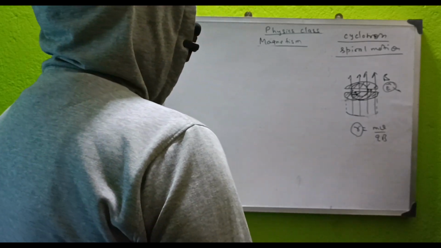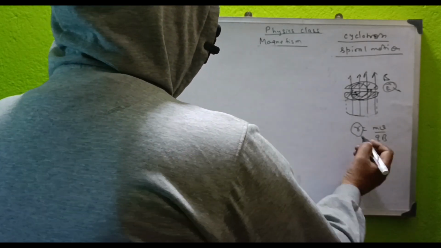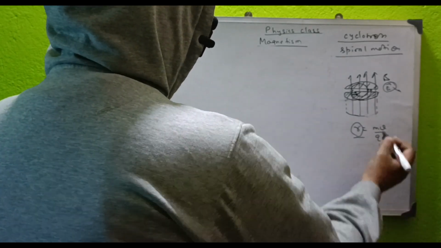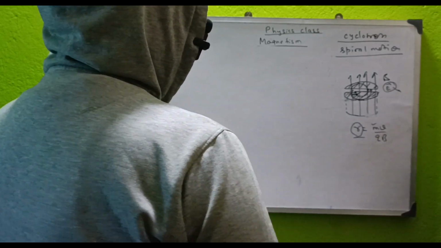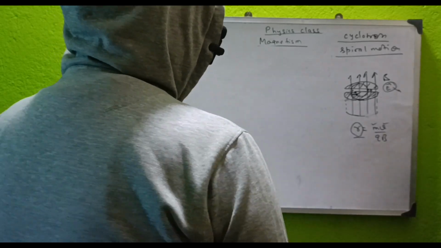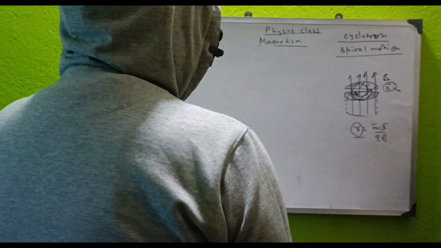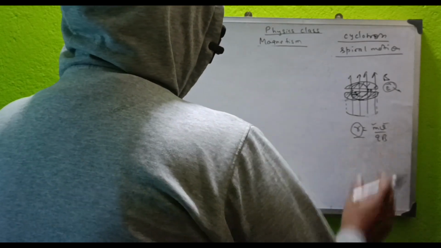So the expression for radius is R is equal to mv divided by qB, where m is the mass of the charged particle, v is the velocity of the charged particle, q is the charge, and B is the magnetic field in which it is moving. So this is the expression for R.